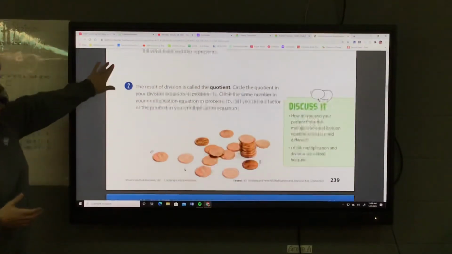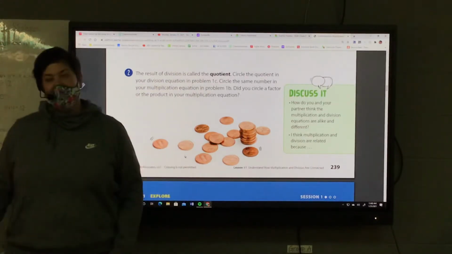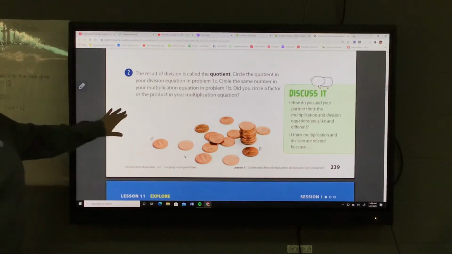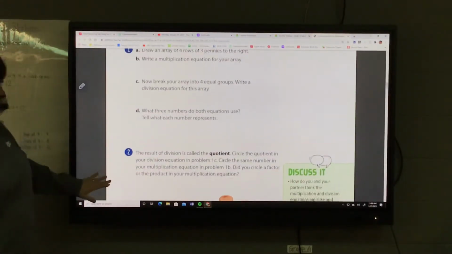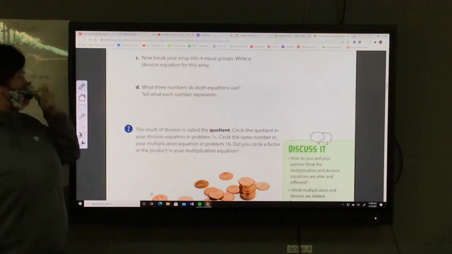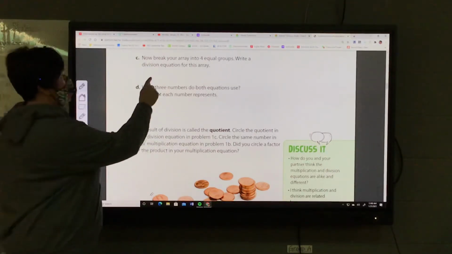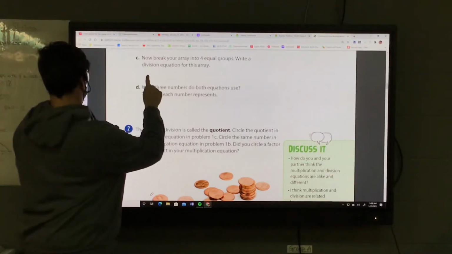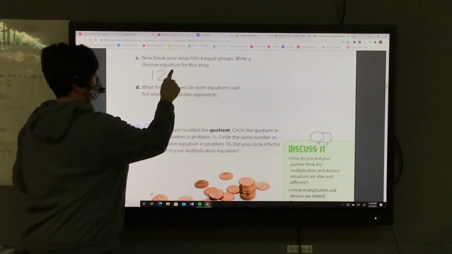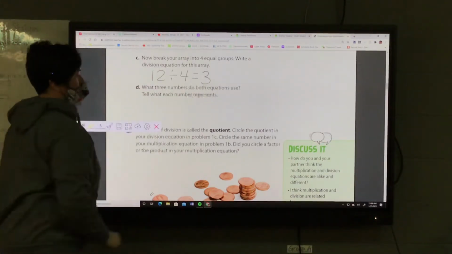Let's move down to 2. So the result of division is called the quotient. I had to delete mine, but let me do a quick rewrite. It says circle the quotient in your division equation in problem 1C. So we had 12 divided by 4 equals 3.